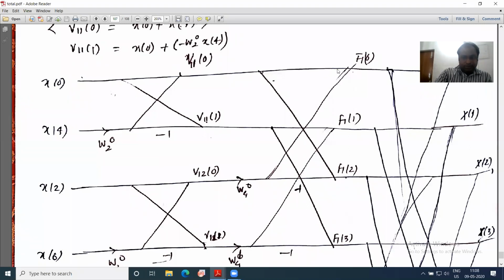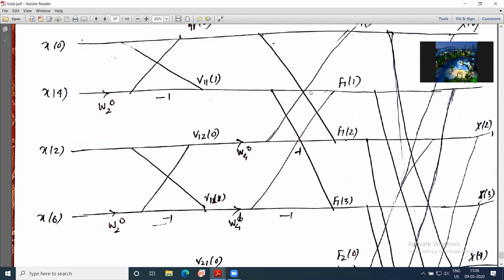If this coming here and this coming here, add, that is F1 of 0. Agreed? Then F1 of 1 equal to v11 of 1 coming here, and this is v12 of 1.